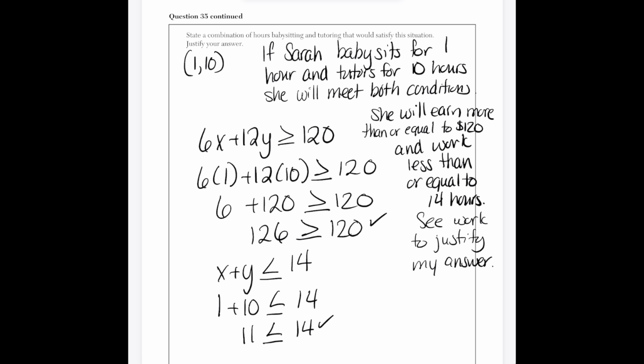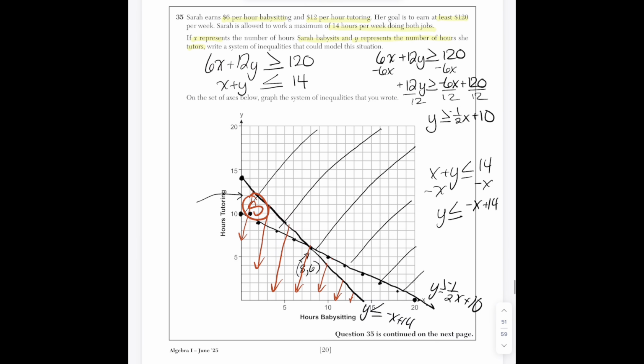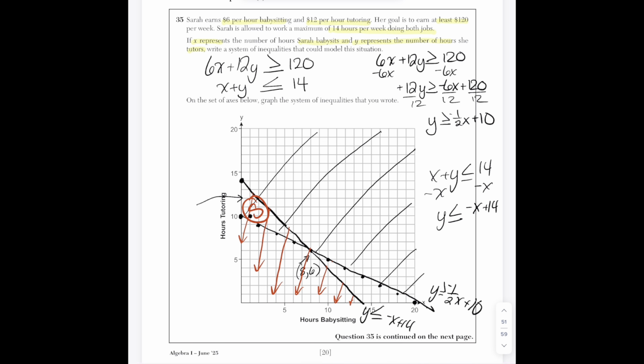So I'm going to just go back. You need to be able to create a system of inequalities, meaning you had to have both inequalities written out. Then you need to be able to graph both inequalities and find the solution set. So that was really important. Notice I stated it, I showed it, put it all in there.